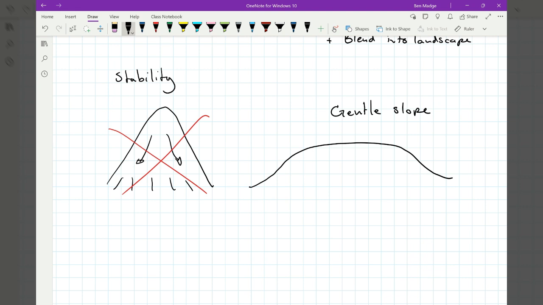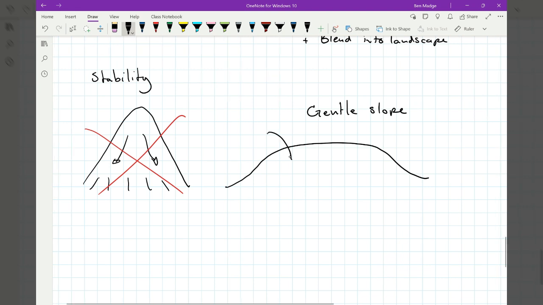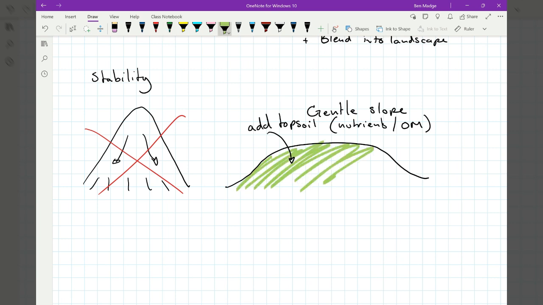And we can add topsoil, so this means that we have things like nutrients and organic matter, and this will allow plants to colonize it or might be seeded onto it directly.